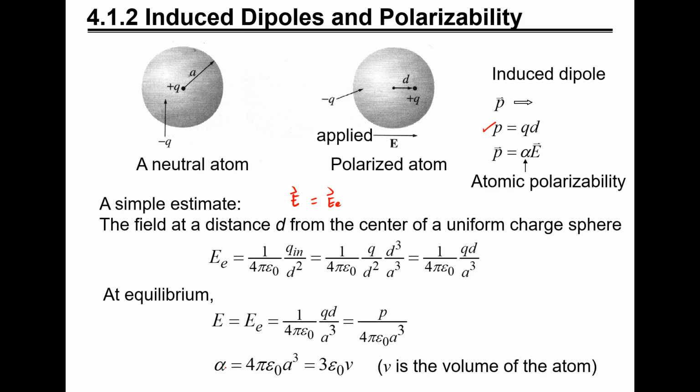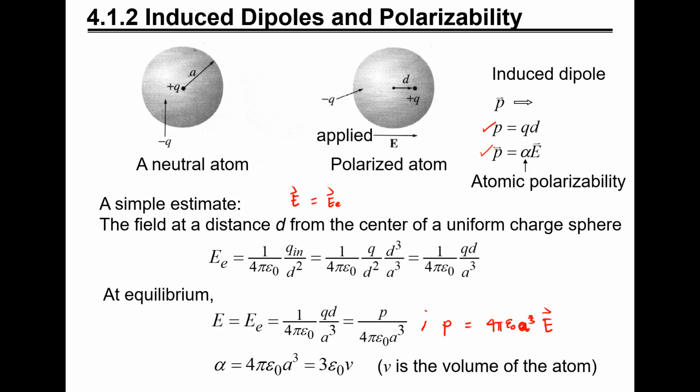Alright. And then take note that we also have this equation. p is equal to alpha, the atomic polarizability, multiplied by E. So we have obtained already our E, and it is somehow related to p. So we can write here p is equal to 4 pi epsilon naught a cubed multiplied by the external electric field.